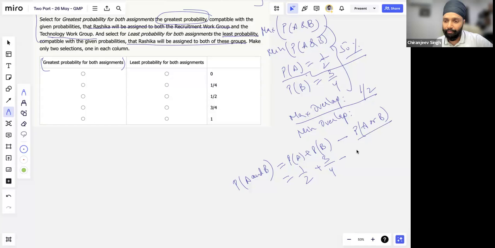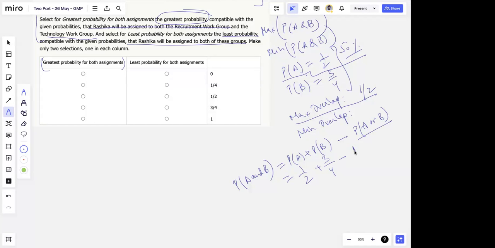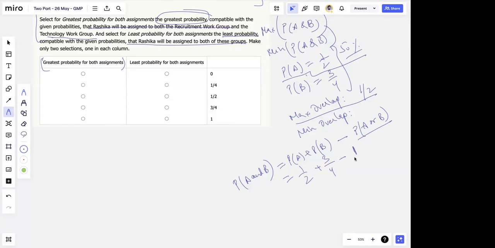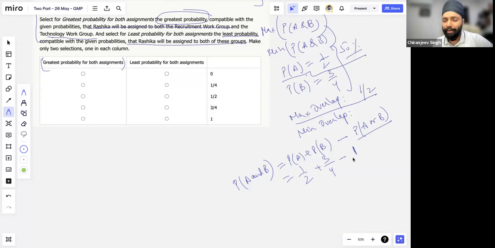Why one? Because for any event to occur, the probability can be one: either A can occur or B can occur. So that probability would be 1 only. One of them will definitely occur. Why will one of them definitely occur?